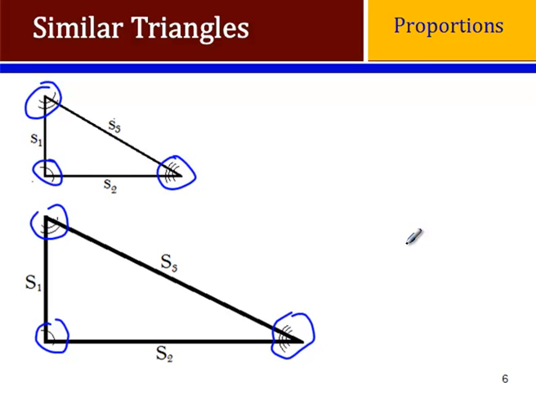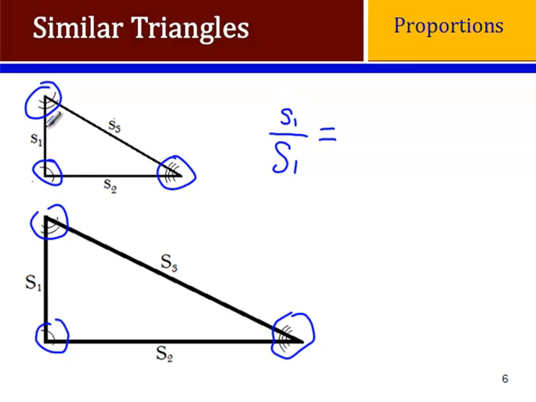And because these triangles are similar, we can use proportions in order to solve problems. So let me show you how we could set up the proportions. And there are different ways to set these up. But notice, for example, that I have a little side s1 and then I have capital S1. Those are in the same position on the triangle when the triangles are oriented in the same direction.